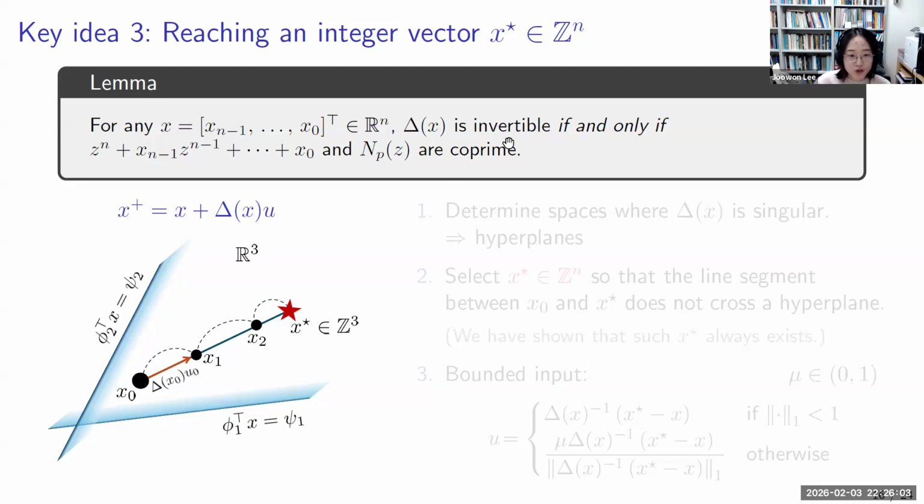We want delta x to be invertible because, as I'll show later, we're going to use the inverse of delta x.